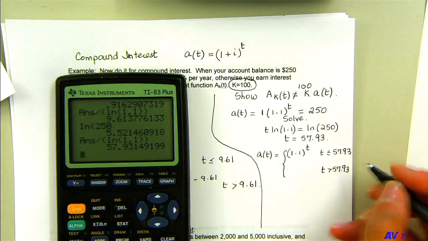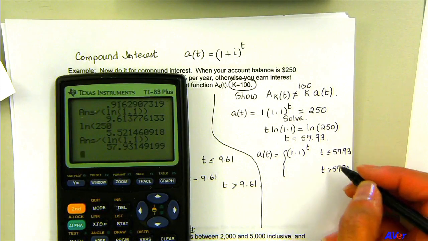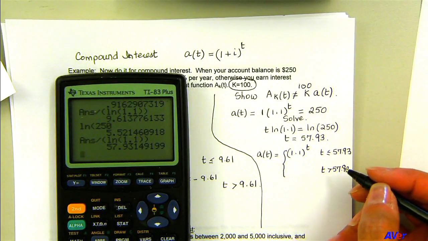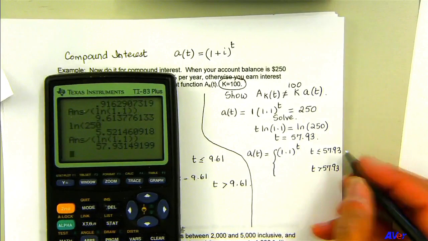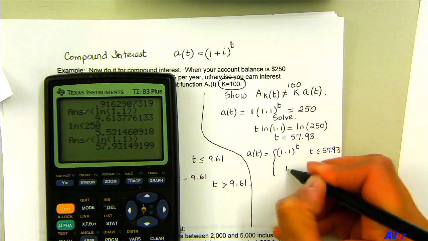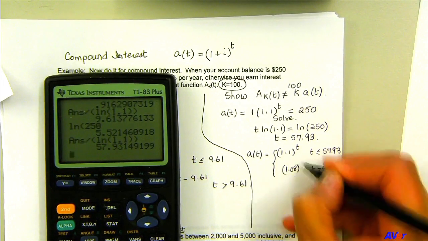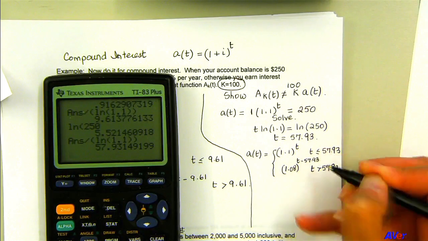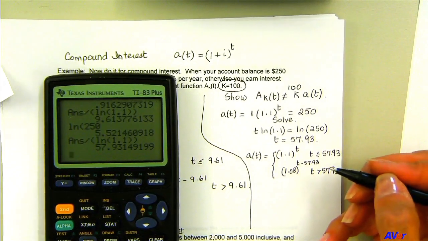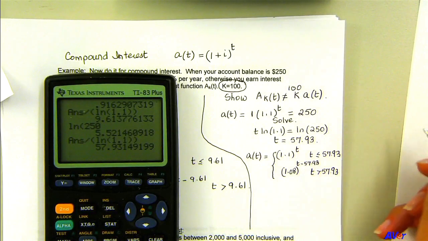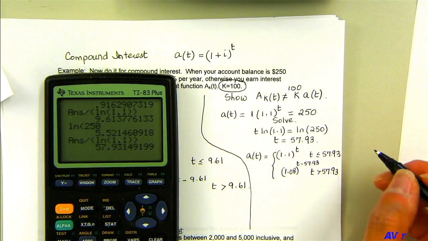Somebody help me. 1.08 raised to the t minus 57.93. And is there a coefficient in front of the 1.08? How much money are you starting with at 57 years? 57.93. There you go.